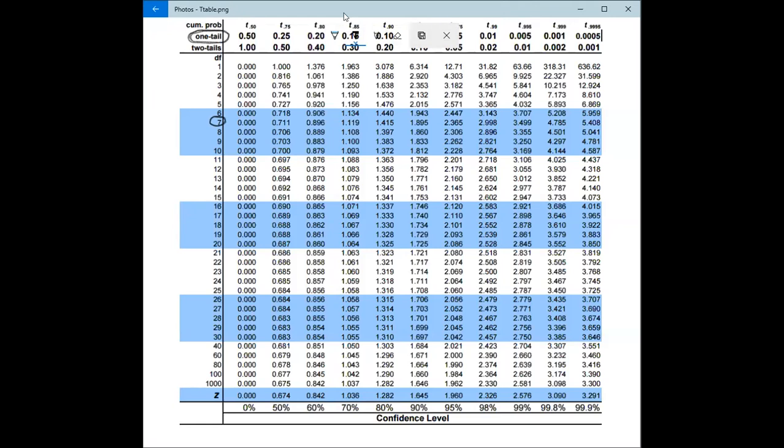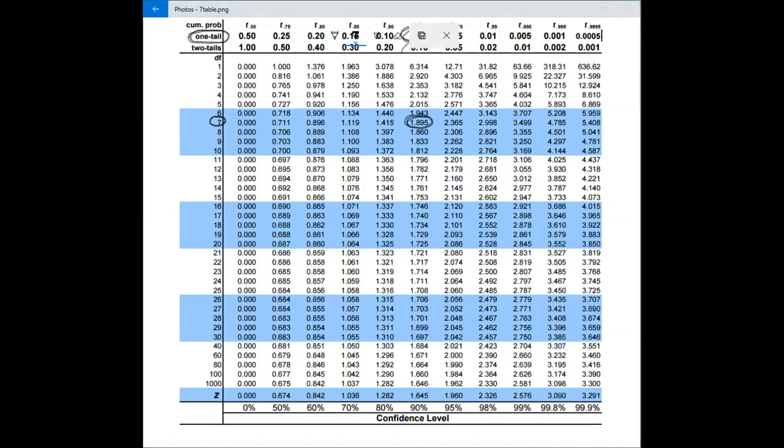And because of that, I'm going to go on the line over here that says one-tailed to the piece that says 0.05. So this one over here, right? So on one tail, I have 0.05 over here. And so I know that I need to look at this column, this row, and I end up with this value over here, 1.895.